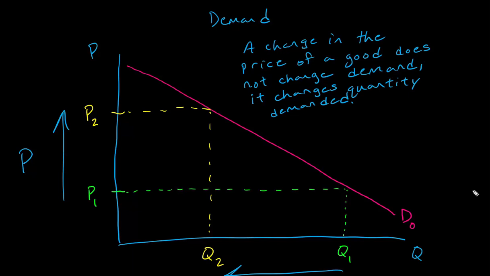And so the difference here, again, is that when we have a change in demand, what we're saying is that at the same price as before, there is now more or less of the good being demanded. And that's why we have to shift the curve to get the price and this new quantity to match up. But if we are just changing a price like we did going from P1 to P2, that is a movement along the curve, and a change in quantity demanded.